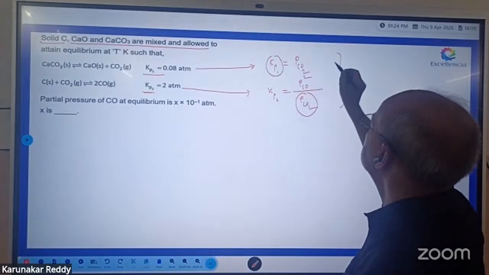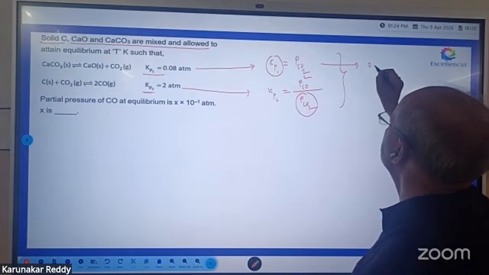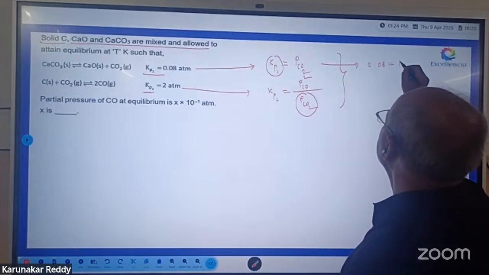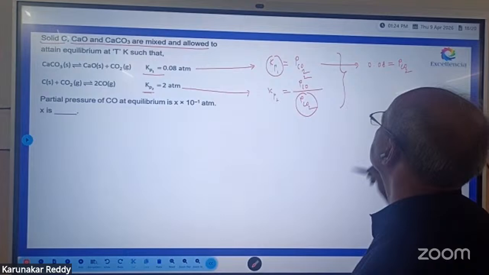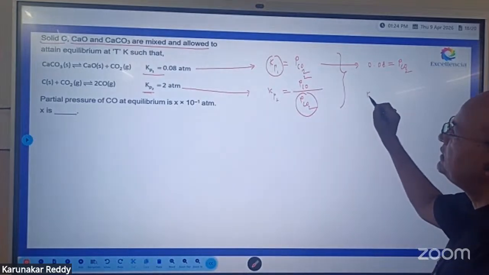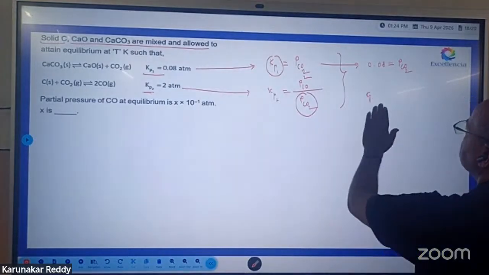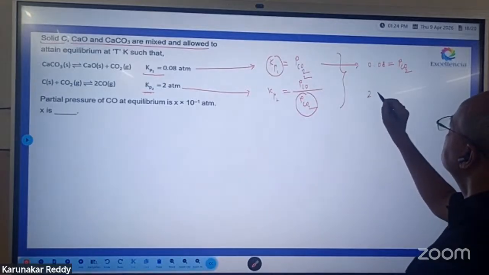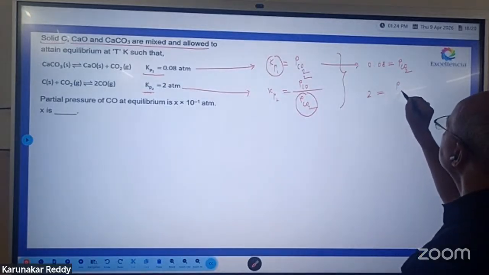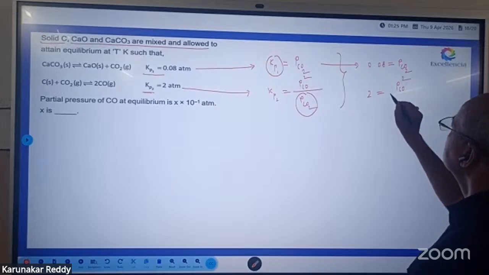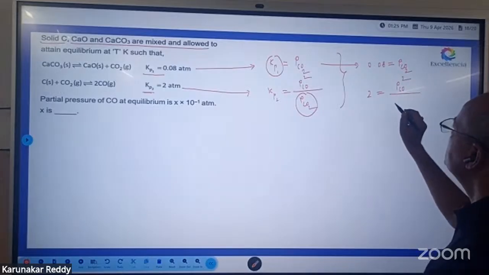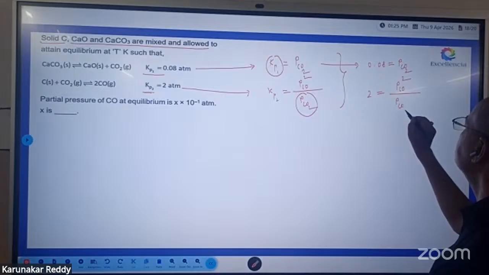This value is given to us. What is that value? 0.08 is the partial pressure of carbon dioxide. And here Kp2 is also given as 2. And here partial pressure of carbon monoxide squared upon the partial pressure of carbon dioxide.